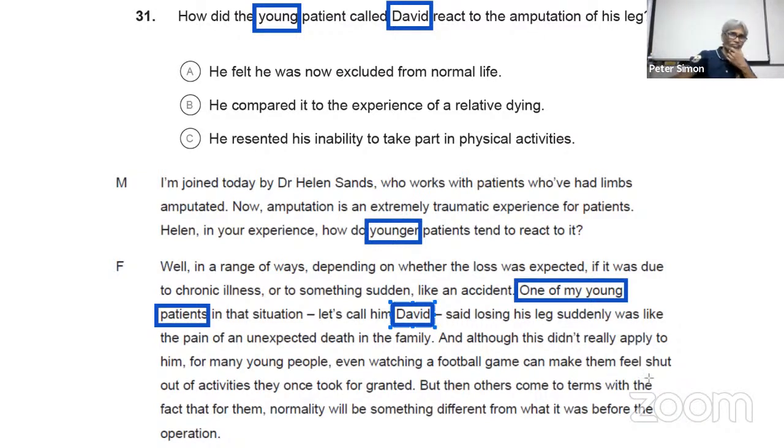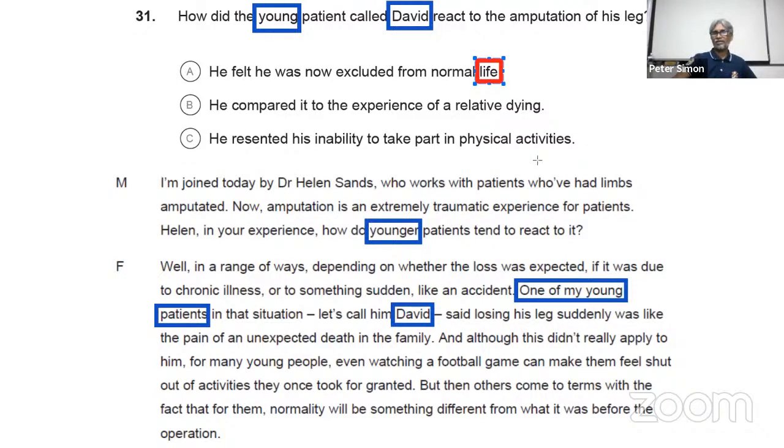That's very clear. Now I told you the points there. Is it regarding life, or is it regarding relative or death? First one is life, second one is death, and third one is activities.